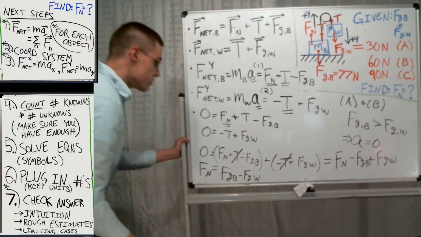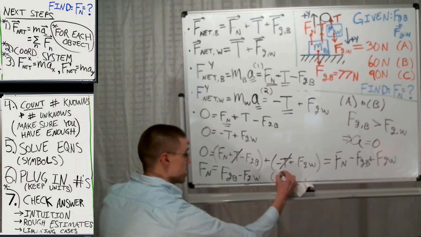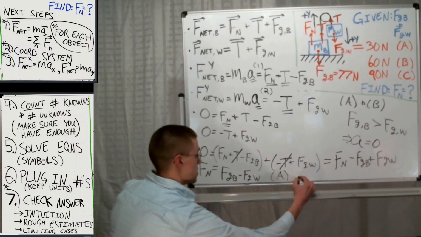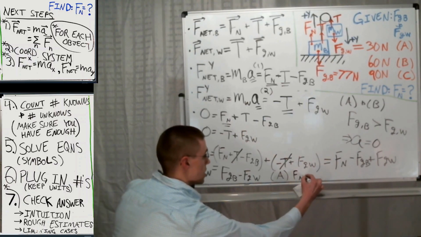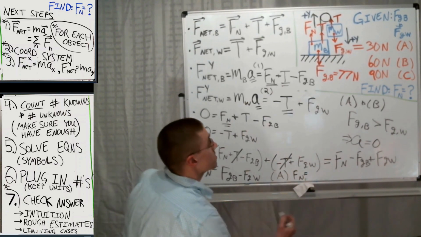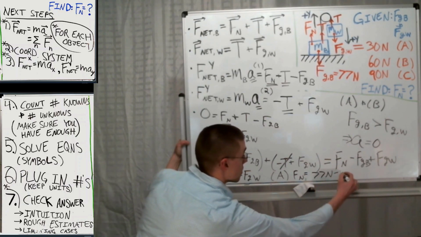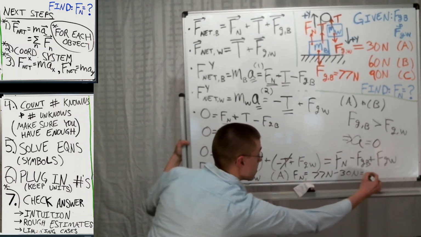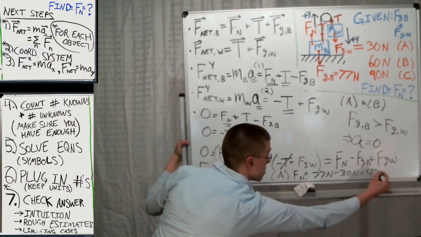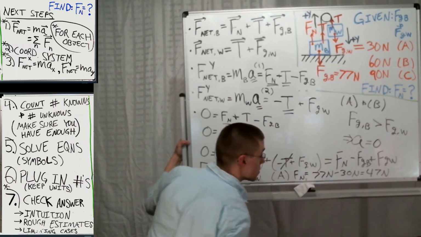So let's just plug in the two numbers. So for part A, that means Fn would be 77 newtons minus 30 newtons, right? That's 47 newtons.